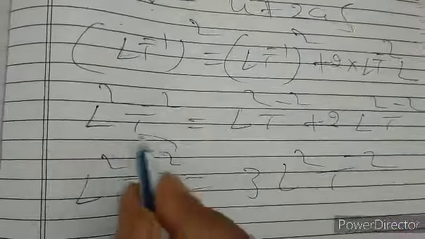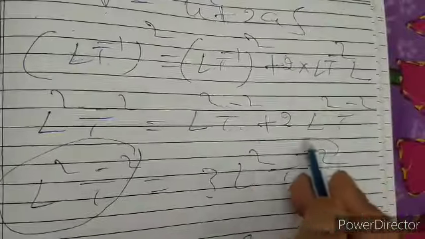Now the dimensional formula on both sides is the same, leaving out the number. Therefore this is a correct formula.